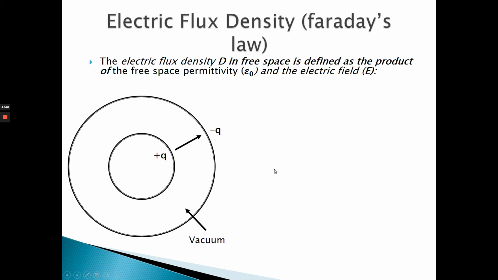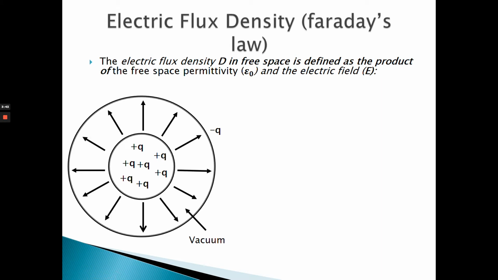Now when you place many charges, as many as an infinite number of charges, it will produce an infinite number of electric flux lines. If the charge is positive, the lines go outwards, and if it's negative, they go inwards. So a negative charge has incoming flux towards it, but for all the positive ones there are outward flux lines.